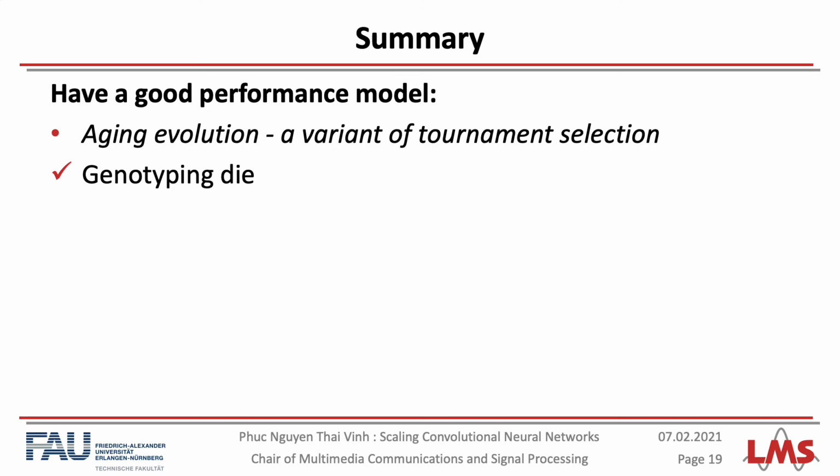This is called the variant tournament selection, and it favors the young. It means that we keep the architectures in the population at a finite size, and we remove the oldest architecture from the population.